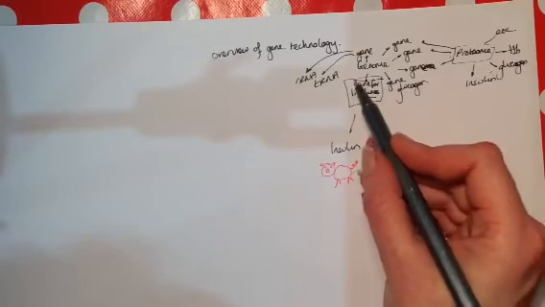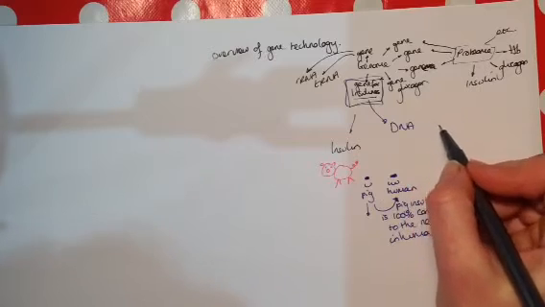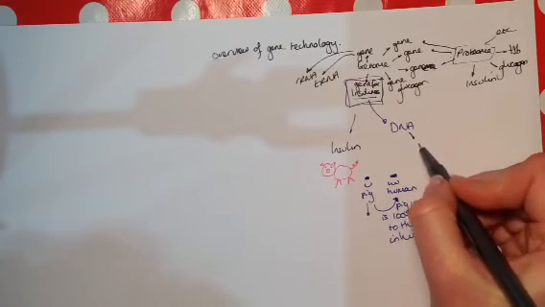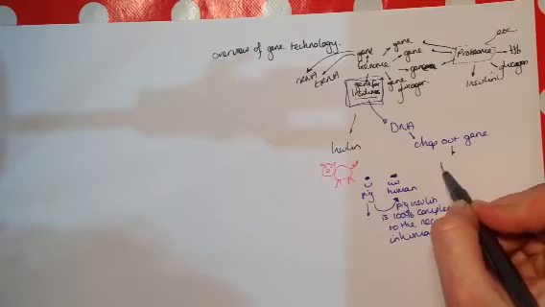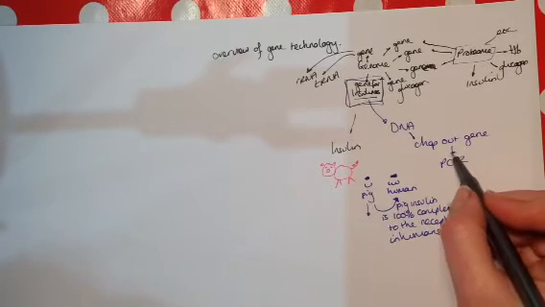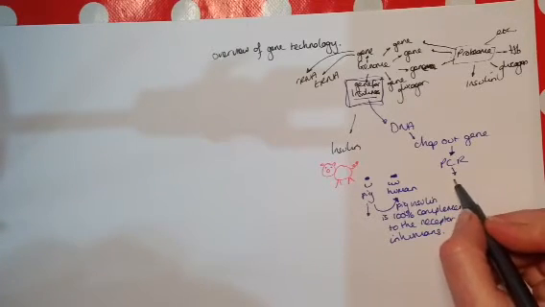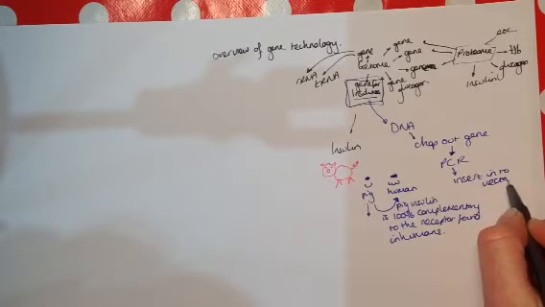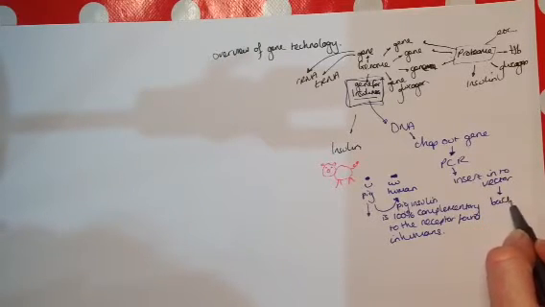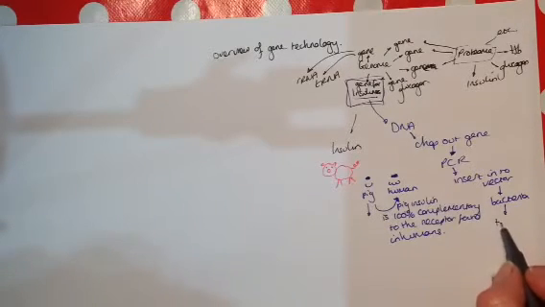Now we know what the gene is for insulin, we could use the DNA and chop out the gene, PCR it, so make lots and lots of copies of it, and then insert it into a vector and into a bacterium and make a transgenic bacterium.